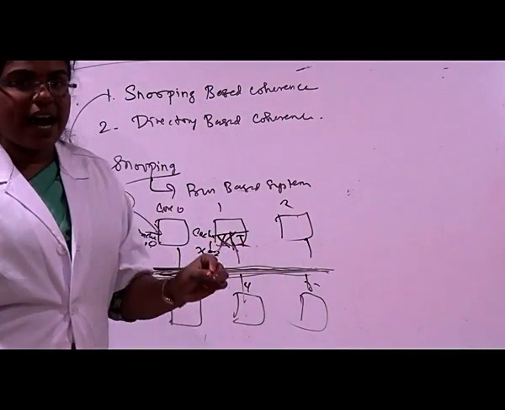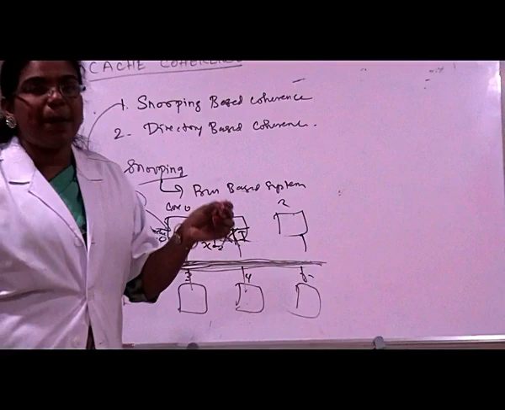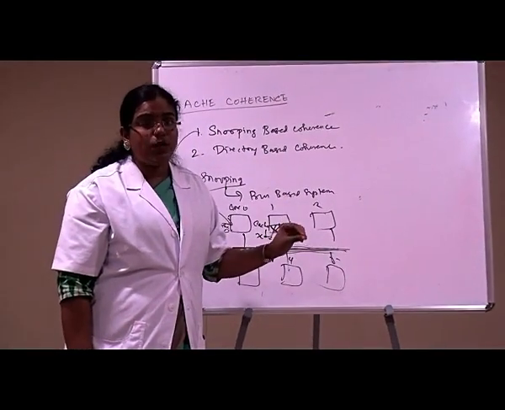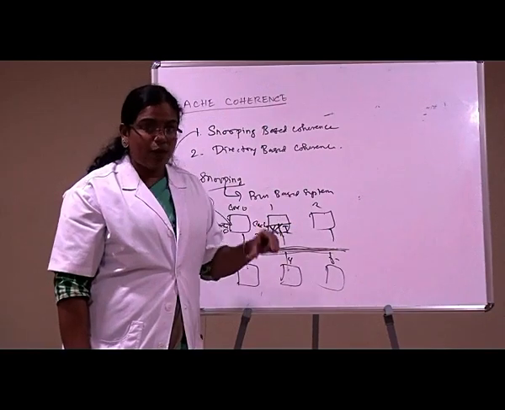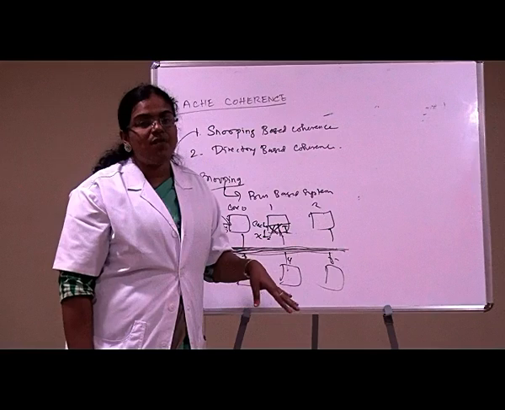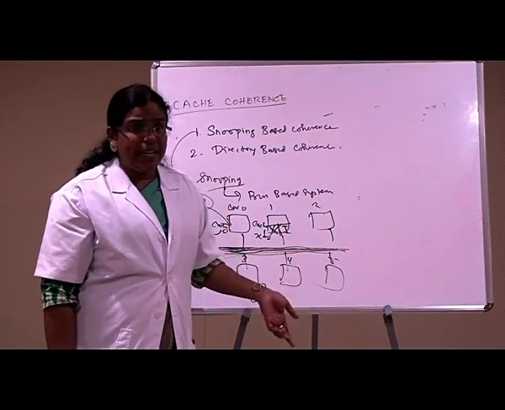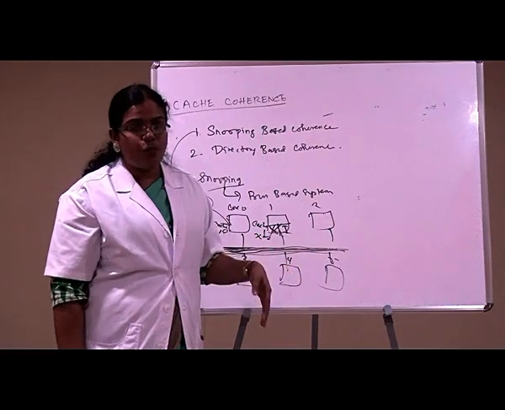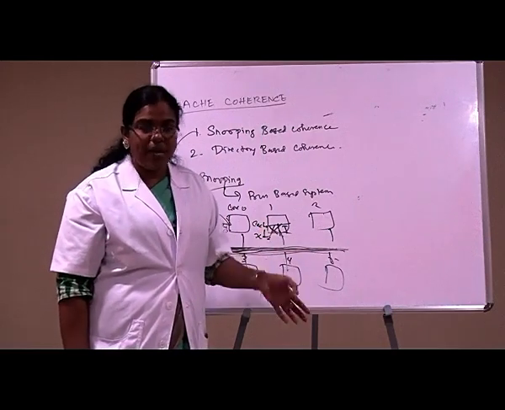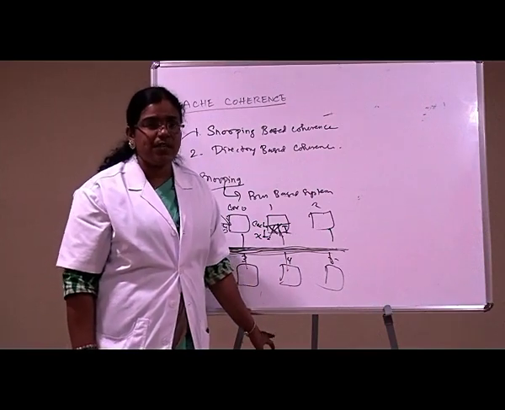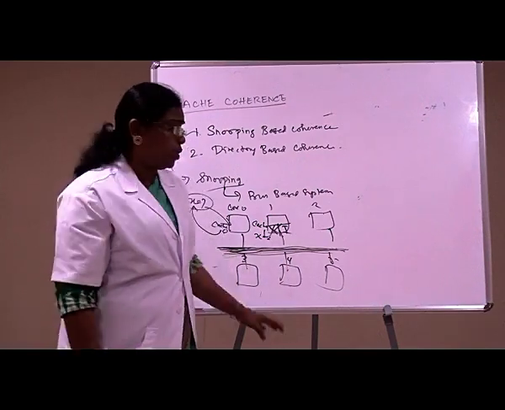So whenever I write to data, I will broadcast that message on the bus. Whatever cores are connected to the bus will see that message. If a core has its own copy of X, it will invalidate that value of X. So whenever the cores need the value of X, it has to be fetched from the main memory. This is one way of achieving cache coherence between the multi-cores.